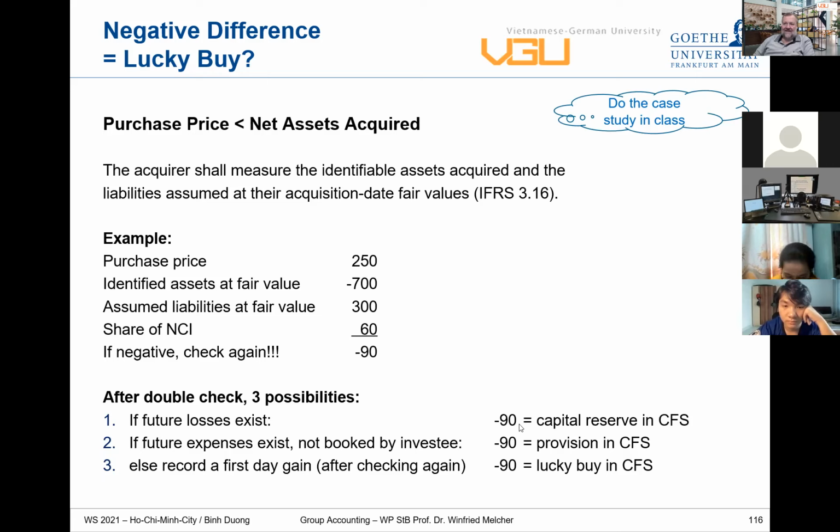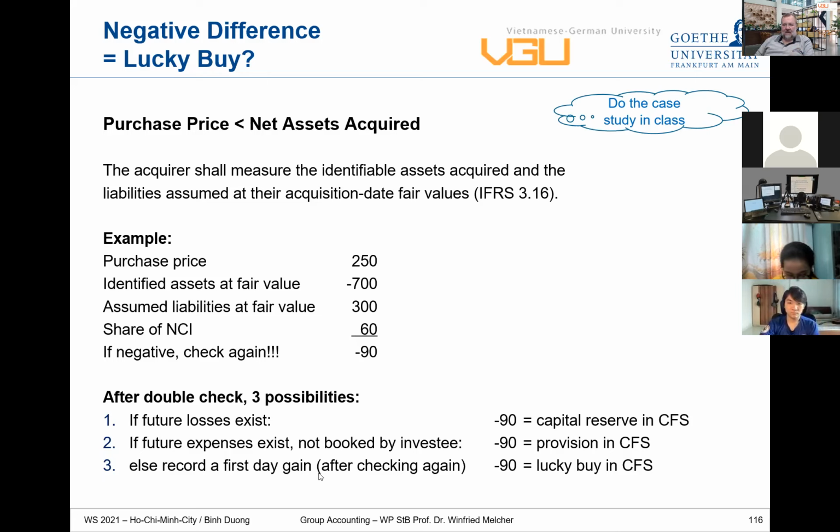And they will deduct that cost, which is an expense, of course, from the purchase price. And maybe that is the reason why there is a negative difference. And if those provisions have to be set up, they have to be set up in the consolidated financial statements. So we will show those 90 as a provision.